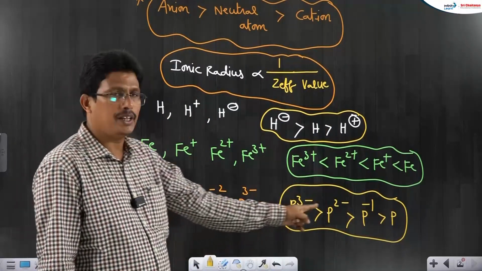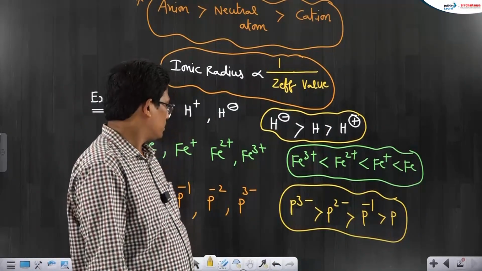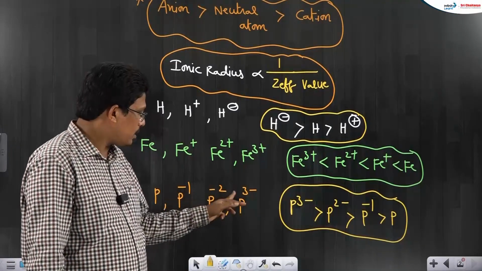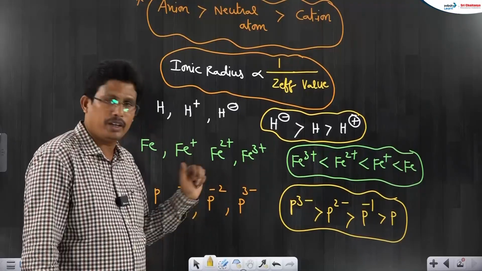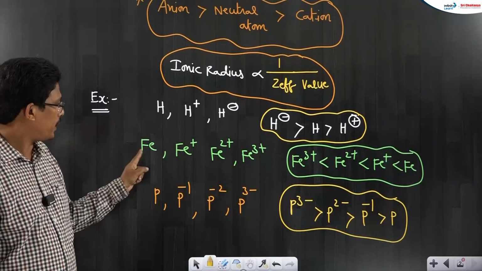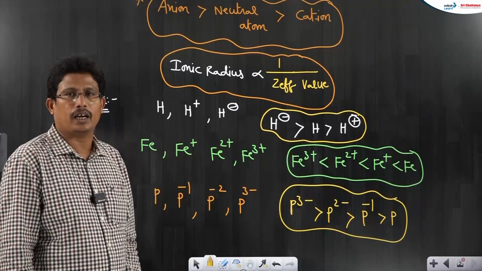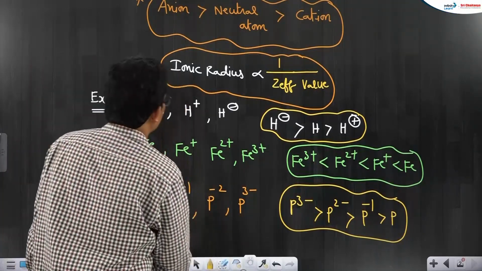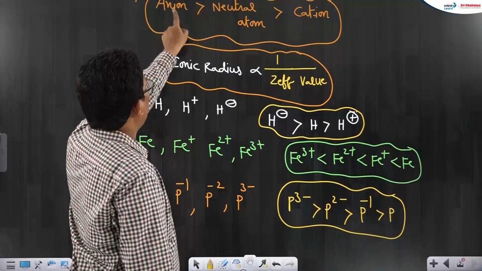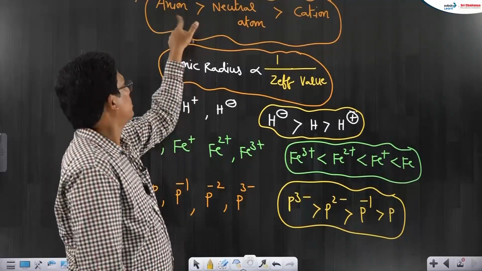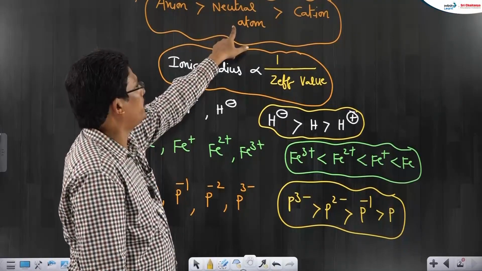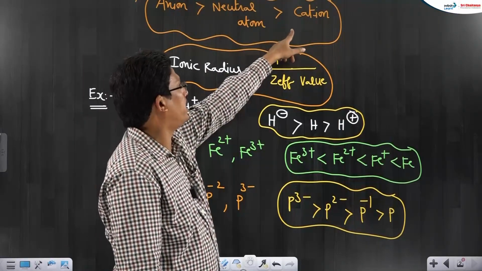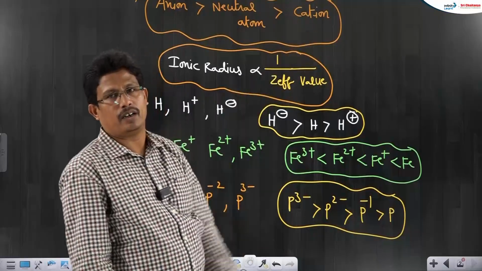This is a decreasing order. In anions, as negative charge increases, radii also increases. In cations, as positive charge increases, radii decreases. Just remember this: anion is always larger than neutral atom, and neutral atom is always larger than cation.